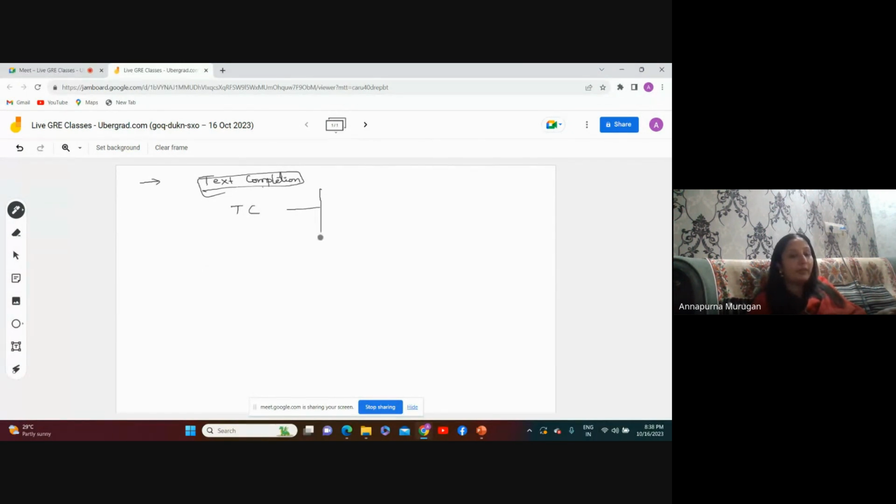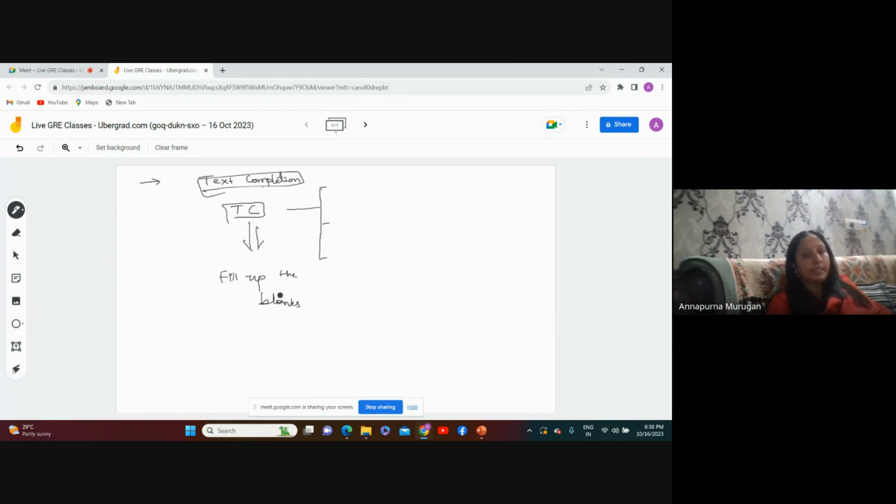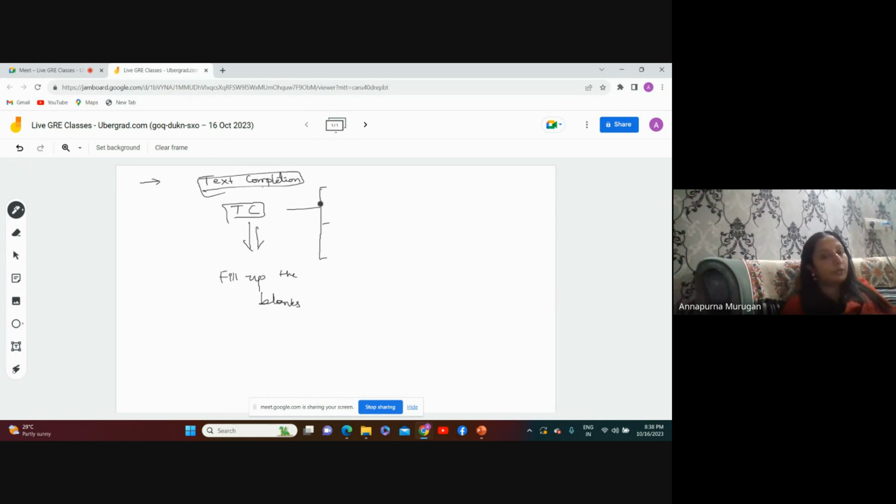In TC, we have three levels. TC means fill up the blanks, in our common language. Now, in text completion, we need to fill up the blanks. In filling up the blanks, we have one blank questions, two blank questions, and three blank questions.